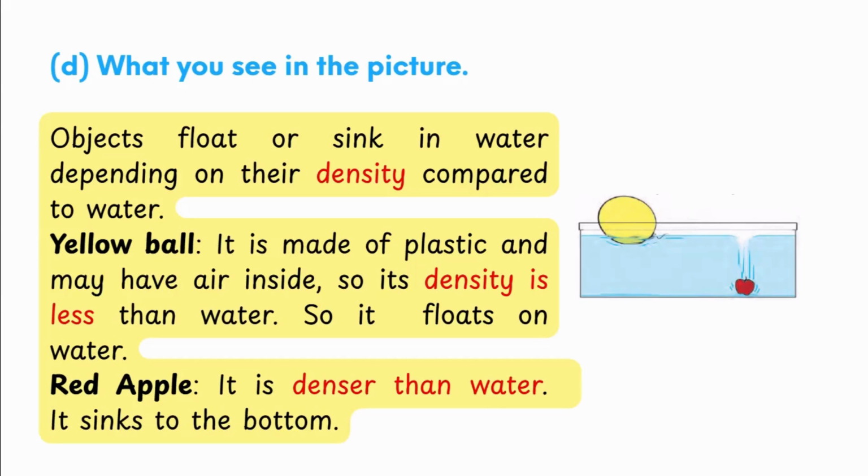It is made up of plastic or may have air inside, so its density is less than water, so it floats on water. While the red object, which is a red apple, is denser than water, that's why it sinks to the bottom.